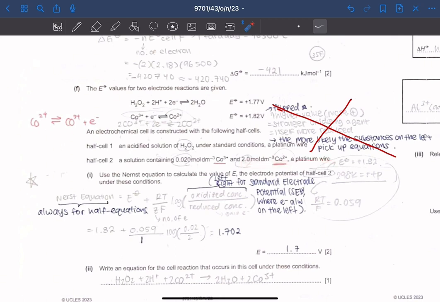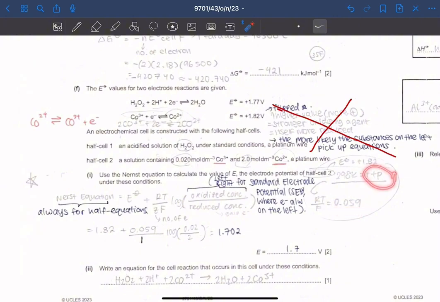I. Use the Nernst equation to calculate the value of E, the standard electrode potential of half cell 2 under these conditions. So the Nernst equation is this: E naught plus RT over ZF, where Z is actually the number of electrons, times the log of bracket oxidized concentration divided by the reduced concentration. But then this value of RT over F is actually 0.059 for room temperature and pressure.